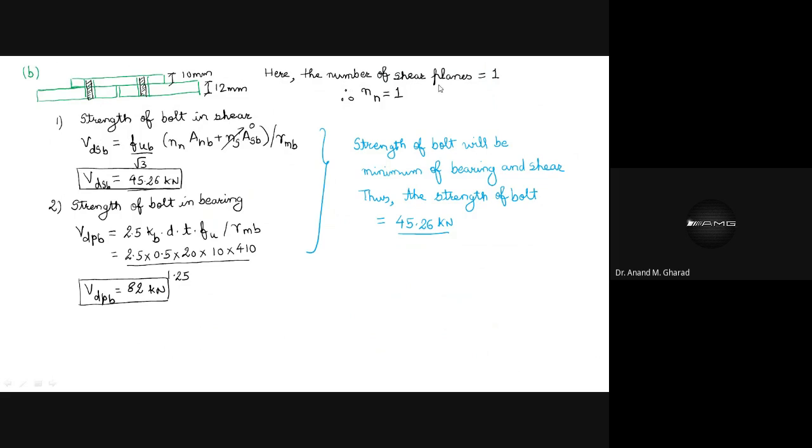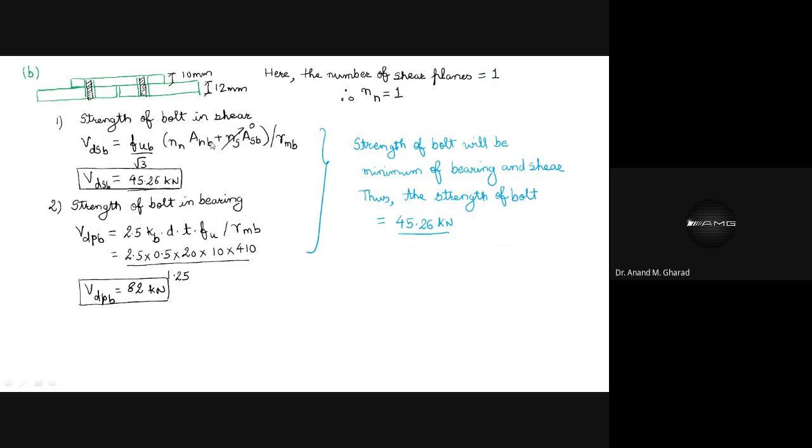So we know that the shear planes are 1. So this value is 1, Nn is 1. A and B you have already calculated. What is the basis of calculation of A and B?